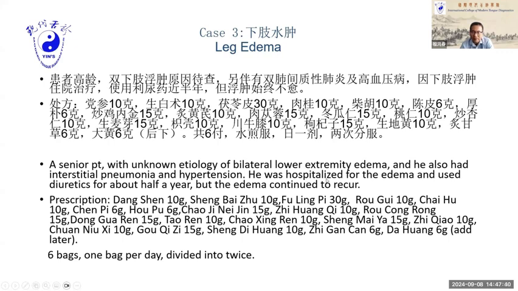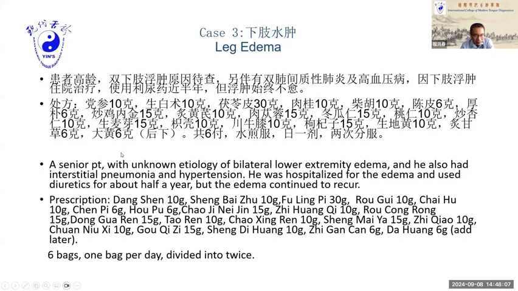He was hospitalized for the edema and used diuretics for about half a year, but the edema continued to recur. After 6 months, his family thought the patient could not continue with Western medicine treatment.